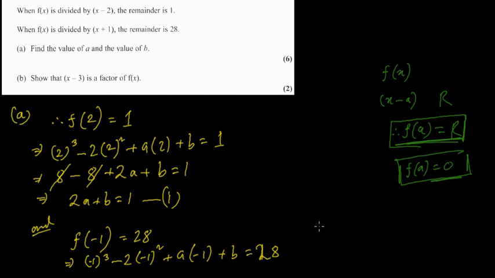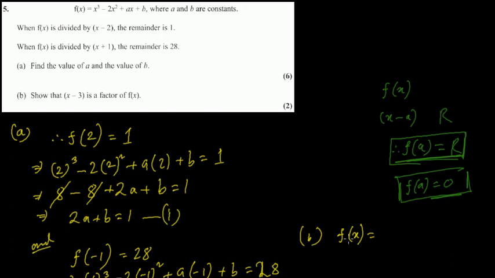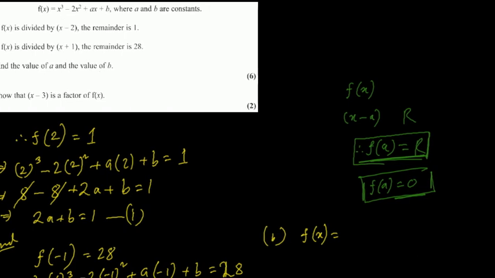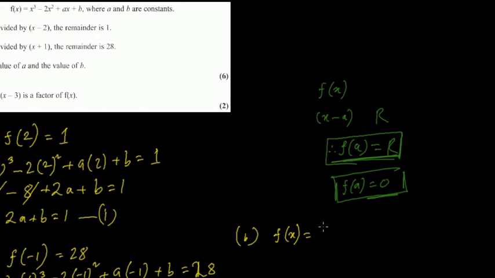So when we do part b, let me write b here. You can write f(x) as x cubed minus 2x squared. Now a is minus 10, so minus 10x, and b is 21, I just forgot b was 21. Yes, 21. So let's calculate for x minus 3. That would be f(3).